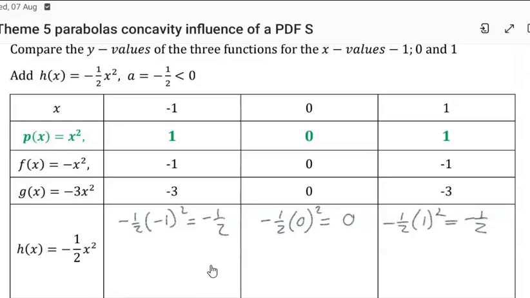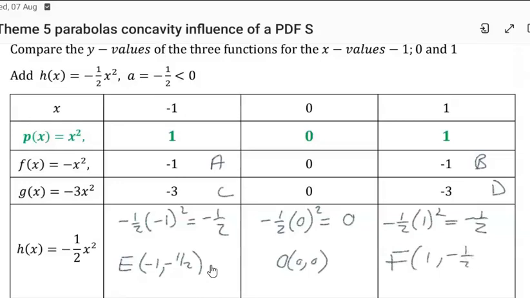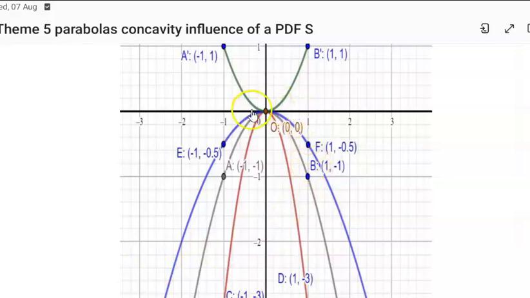So, here we had A and B and C and D, and this will be the coordinates E, which is minus 1, minus a half, and the origin, and F, which is 1, negative a half. Again, as before, you see the blue graph there, it's growing slower than the grey graph and the red graph.